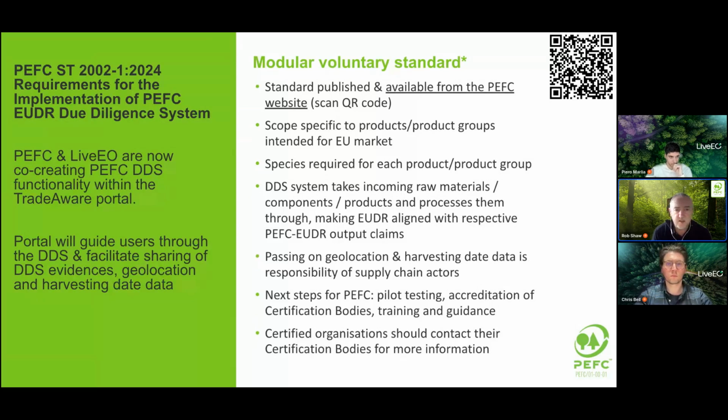And the standard describes all of the managing of input and output materials and the PEFC EUDR claims, which you would be able to make subject to going through the due diligence steps. And the standard has been aligned with the EUDR wording and requirements.